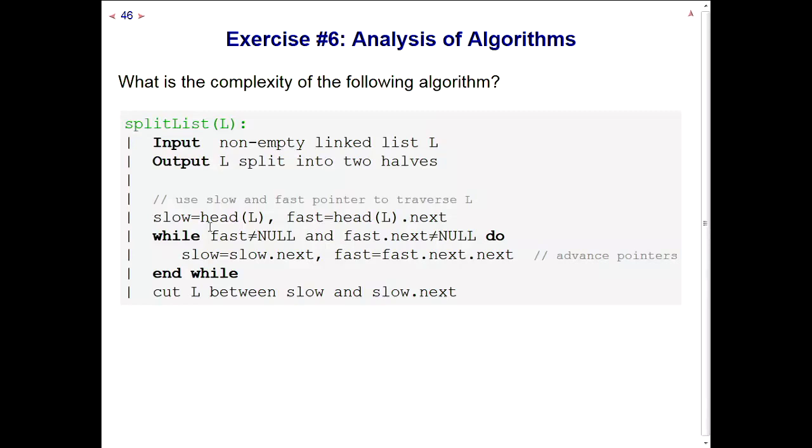The fast pointer always advances 2 elements, and they then move in lockstep. That means that the fast pointer is always at 2 times the element number of the first pointer, if you count the elements in the list. And when you have reached the end with the fast pointer, you know that the slow pointer points to the middle of the list.